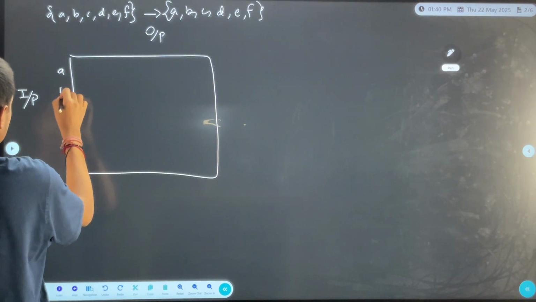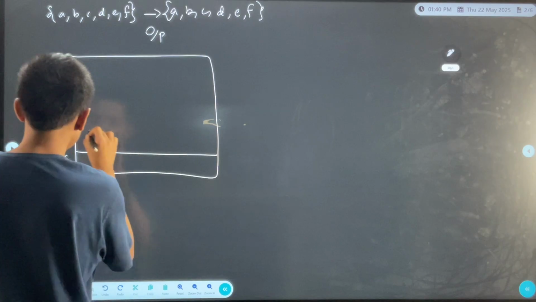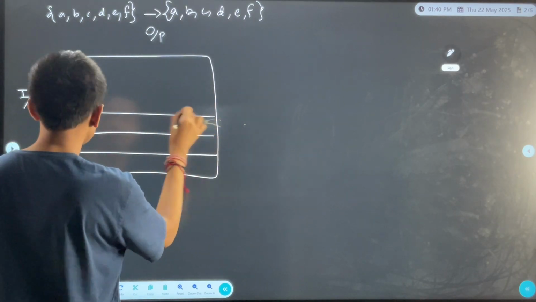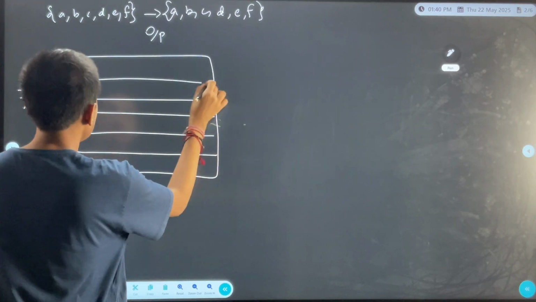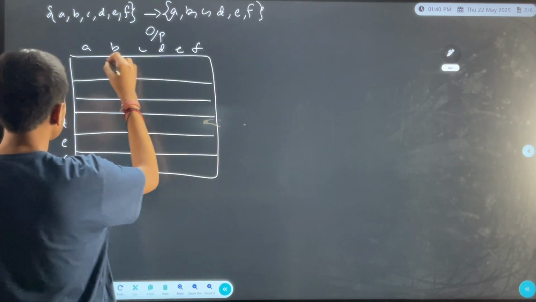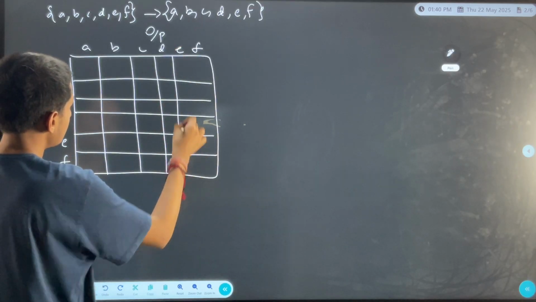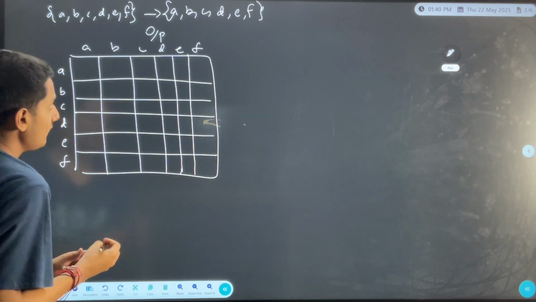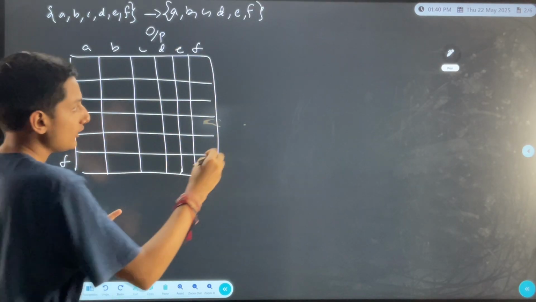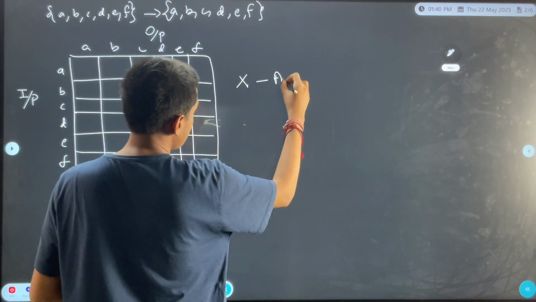So A, B, C, D, E, F on this side, and also A, B, C, D, E, F on this side. Now I will use a cross mark to indicate that an element is part of R.